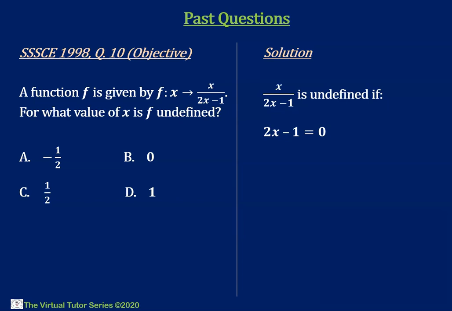Adding 1 to both sides of the equation, we have 2x = 1. Dividing both sides of the equation by 2, we have x = 1/2. Therefore, the correct answer is option C.